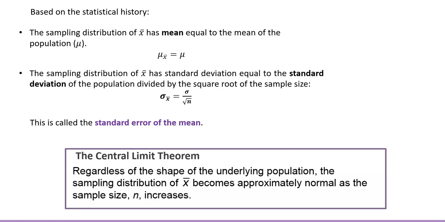And what does this mean for us? Remember, the normal distribution is somewhat easy to work with, right? We have the z-table, we have technology like a calculator to answer a lot of different questions about the normal distribution. So the theorem really opens doors for us to answer many questions about the sampling distribution of x bar, which is the sample mean. And we're going to try a few examples in the next video.